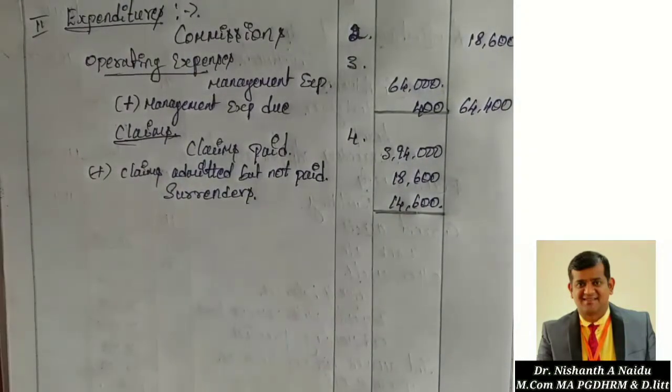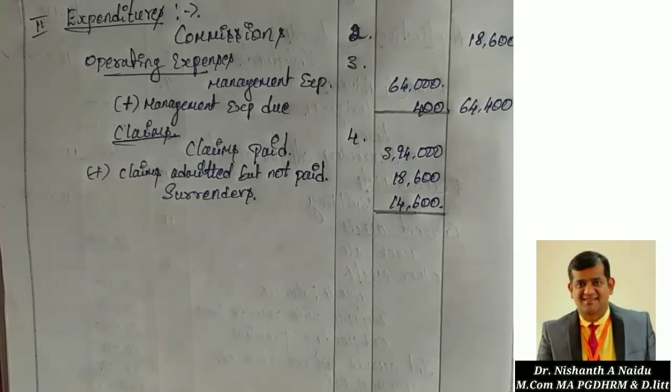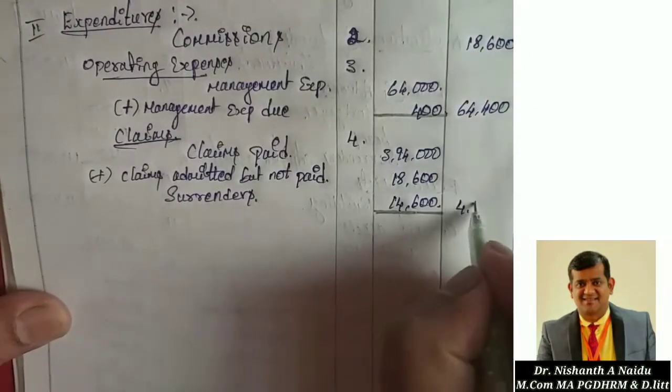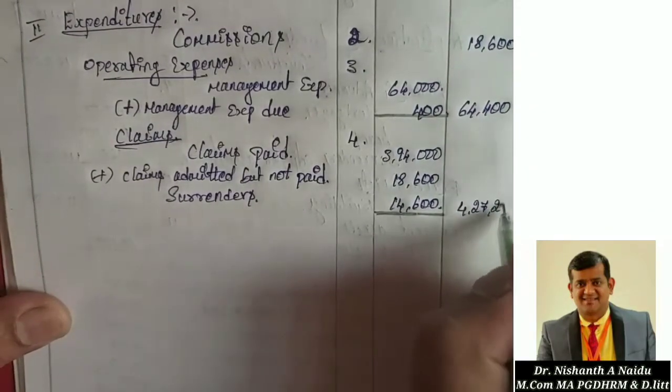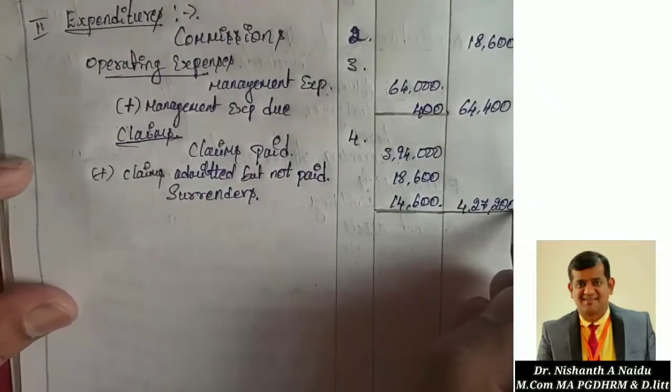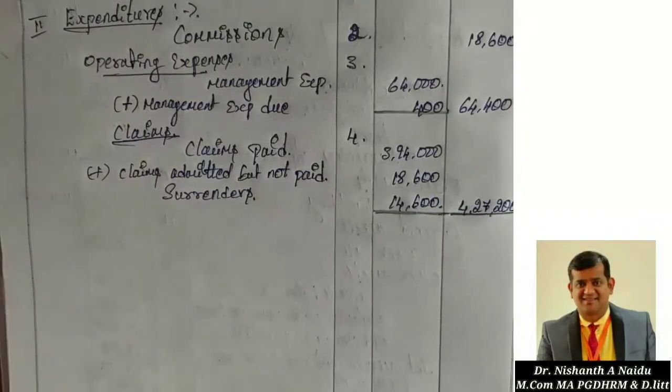Okay, so now total it and put it to outer column: 3,94,000 plus 18,600 plus 14,600, put together 4,27,200.